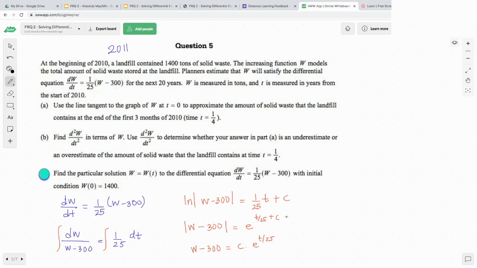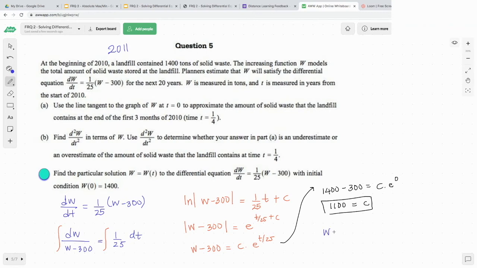Now let's plug in our initial condition right here. So it'll be 1400 minus 300 equals c times e to the 0. So 1100 is going to be our c. Then just write your solution with the c constant.